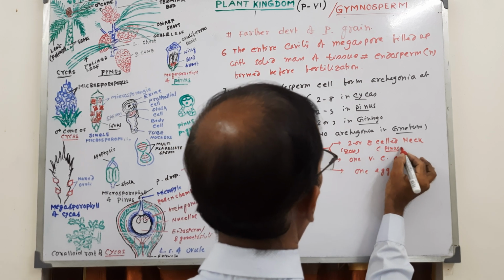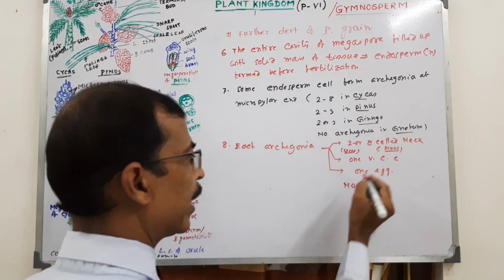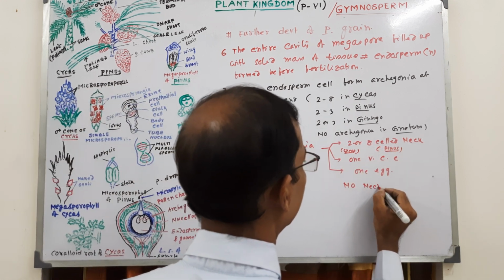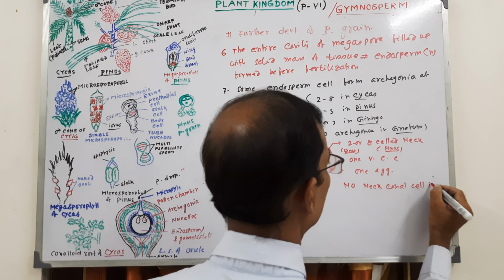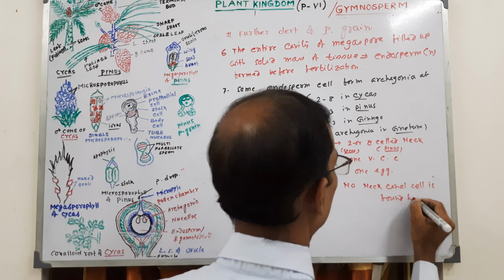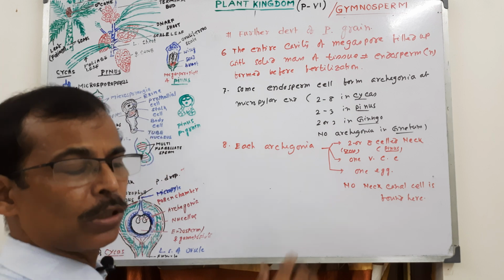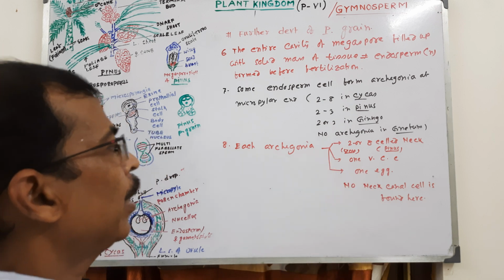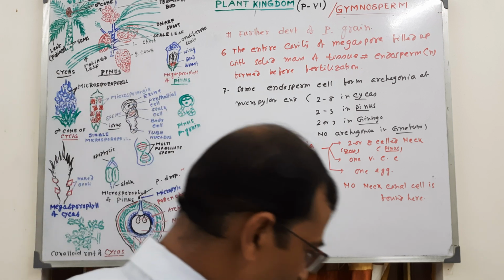Neck cells, but no neck canal cell is found here. That is, the archegonium is very much reduced, unlike Pteridophyta and Bryophyta. Okay, and next about pollination.